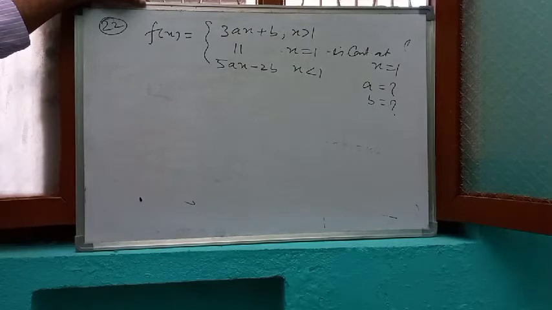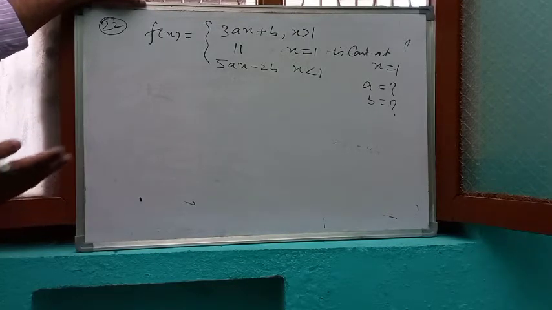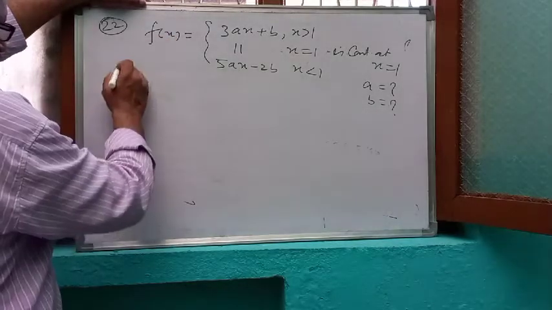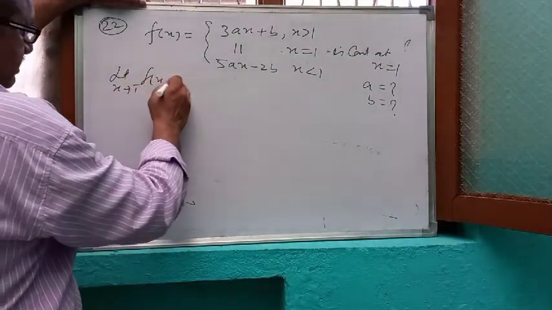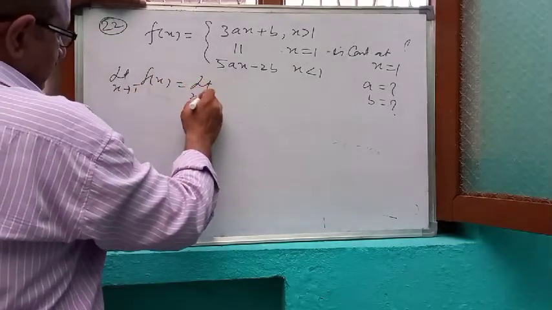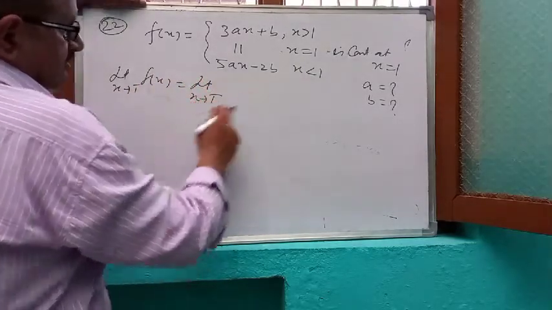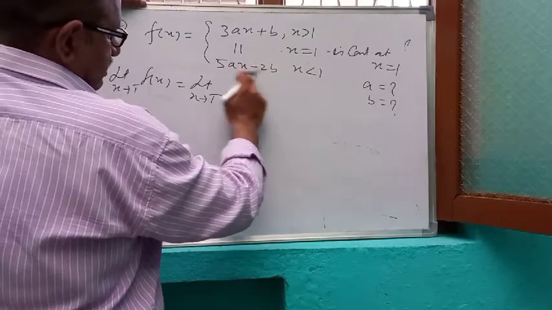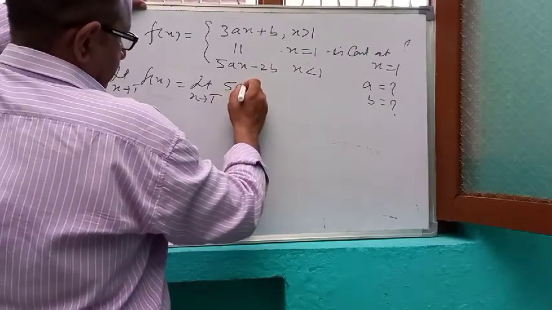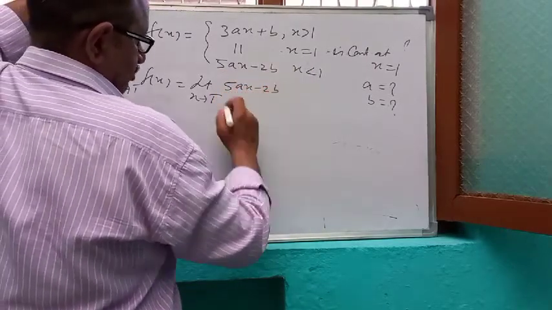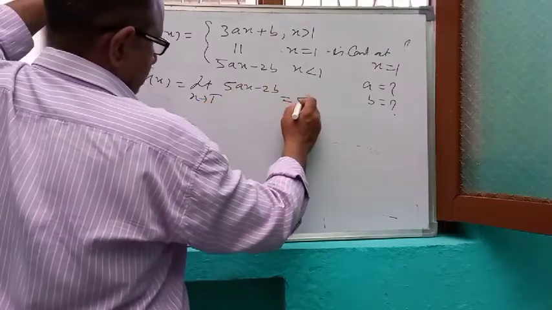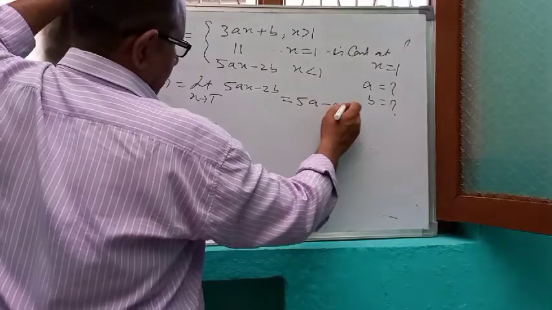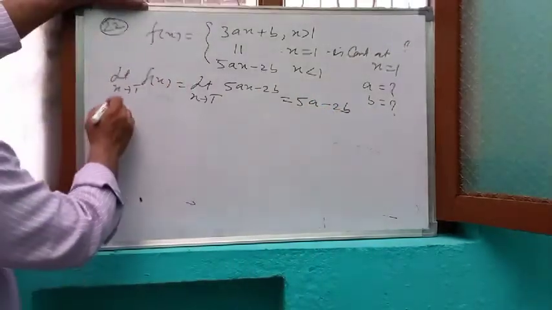So the same thing again we have to do. We have to find the left hand limit and right hand limit at 1 and equate them. Take the left hand limit, x tends to 1 minus f(x). 1 minus means less than 1, and for less than 1 the function is 5ax minus 2b. Take the limit, in place of x put 1, so 5a minus 2b.